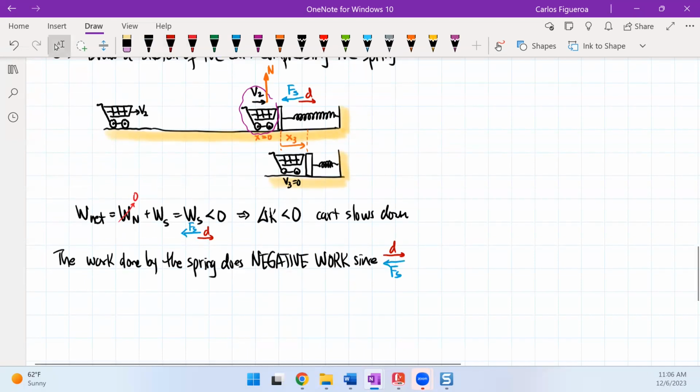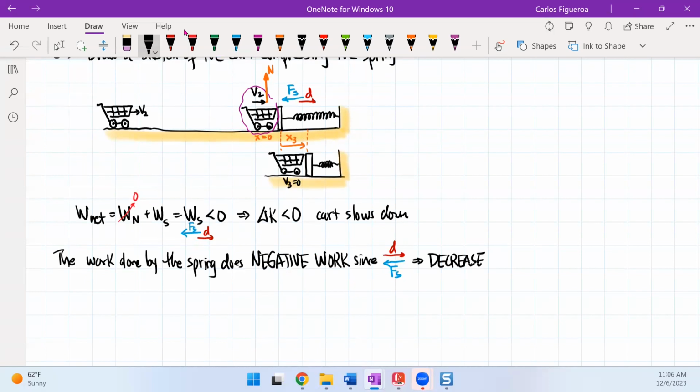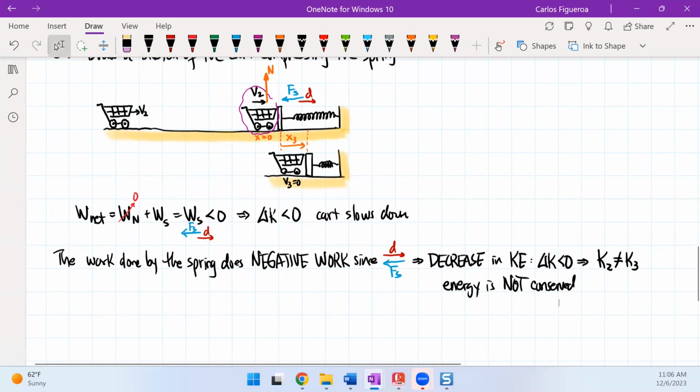And because of this, that implies that there is a decrease in kinetic energy. In other words, delta K is less than 0, which then implies that the kinetic energy at 2 and the kinetic energy at 3 are not the same. So energy is not conserved. So in this situation, we can't use mechanical energy.